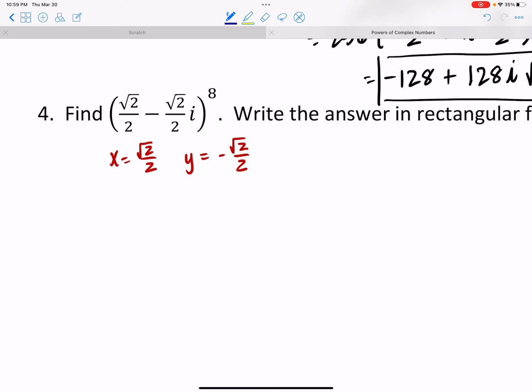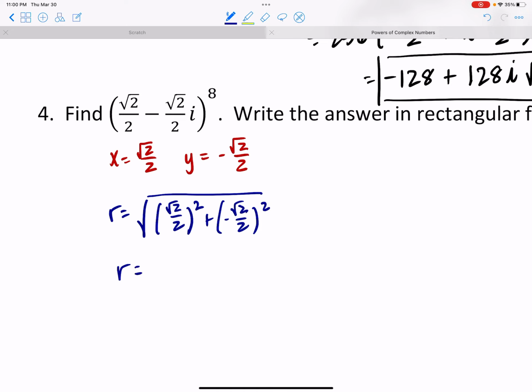So our radius is the square root of radical 2 over 2 squared plus negative radical 2 over 2 squared. When I square radical 2 over 2, I'm going to get 2 on top, and I square the bottom, I'm going to get 4, so that's 2/4.